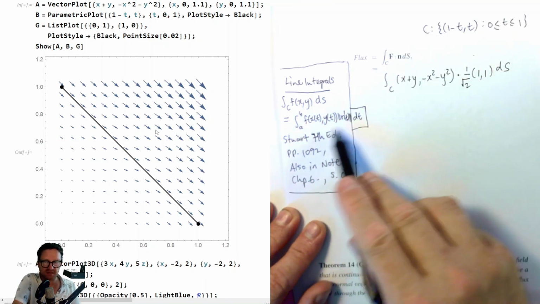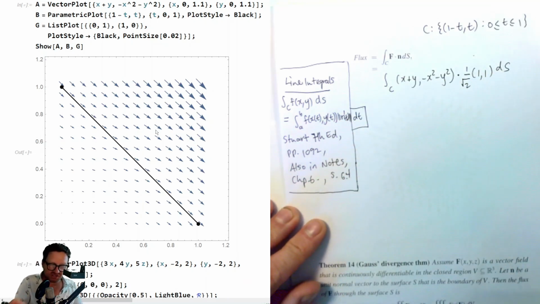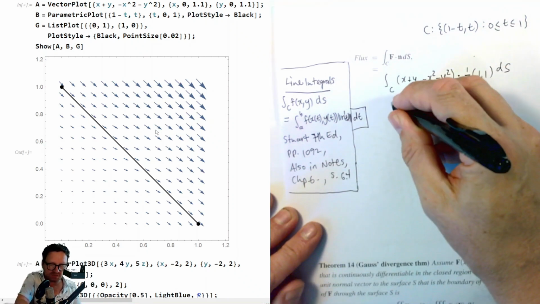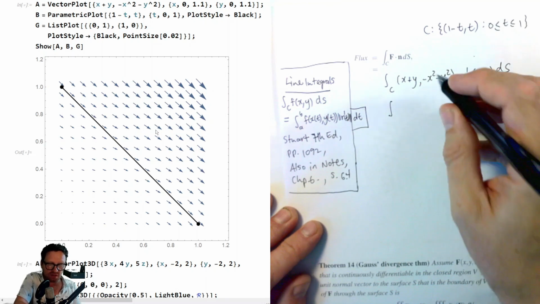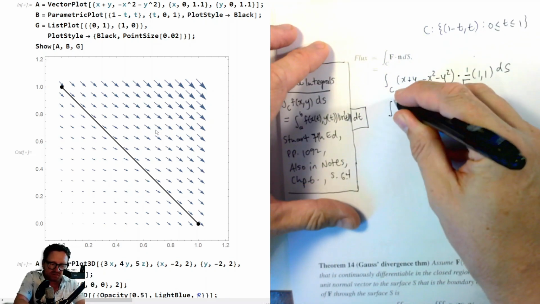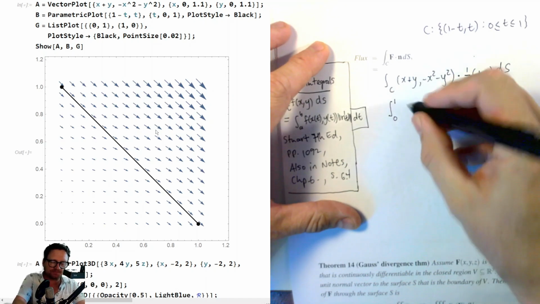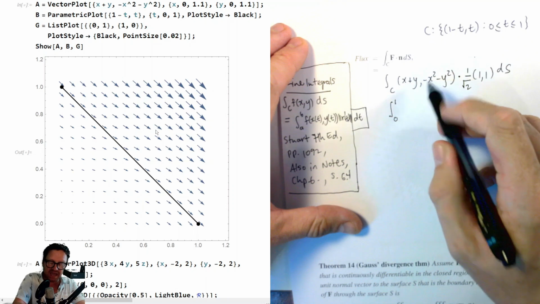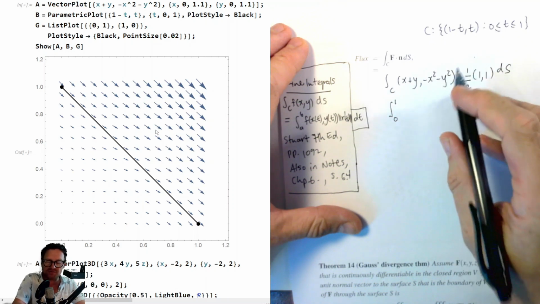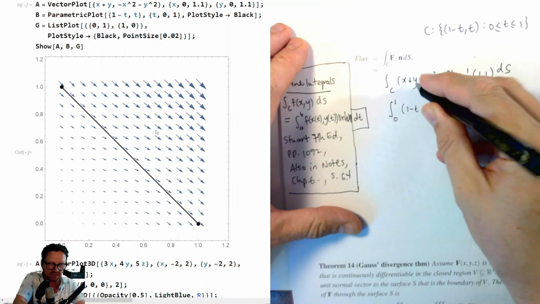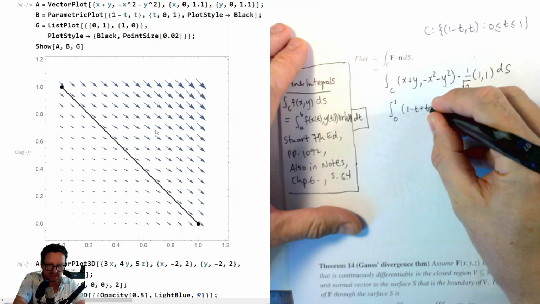Okay, so we're going to make this change next after we take our dot product. So then we've got an integral from t equals 0 to 1. Now what we're doing here is we're replacing x with the parameterized form. So x would be 1 minus t, then plus y, that's t.